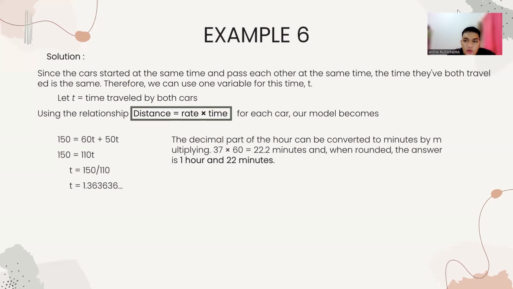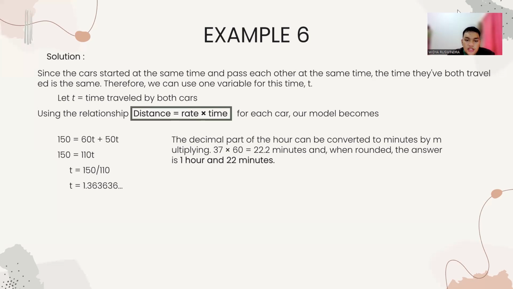1 is 1 hour, plus 0.37 hour. So we convert 0.37 to minutes. So 0.37 times 60 equals 22.2 minutes.